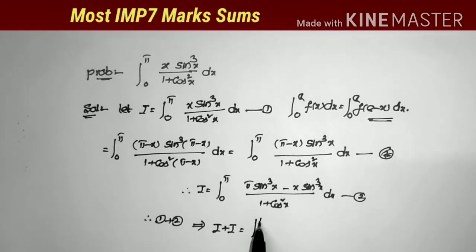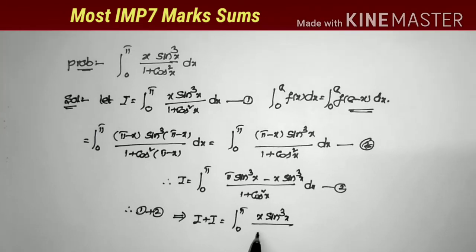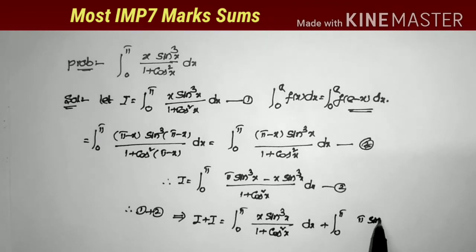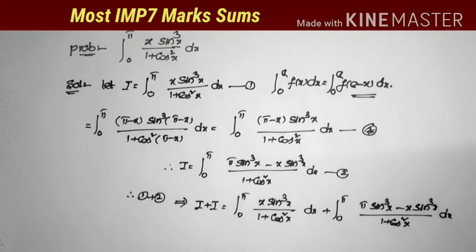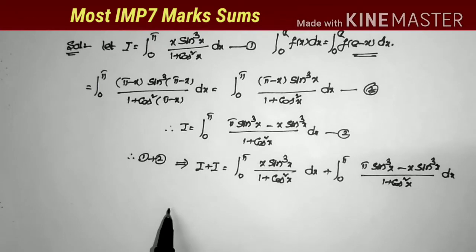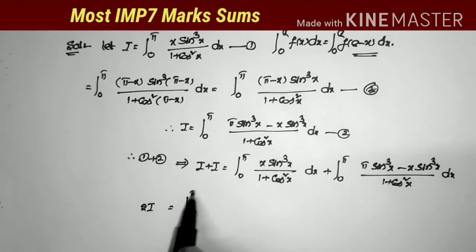The first value is integral 0 to pi x sin cube x by 1 plus cos square x dx, plus the second value, integral 0 to pi of (pi sin cube x minus x sin cube x) by 1 plus cos square x dx. Now the two integrations have the same limits, so taking a single integration, 2I is equal to integral 0 to pi.